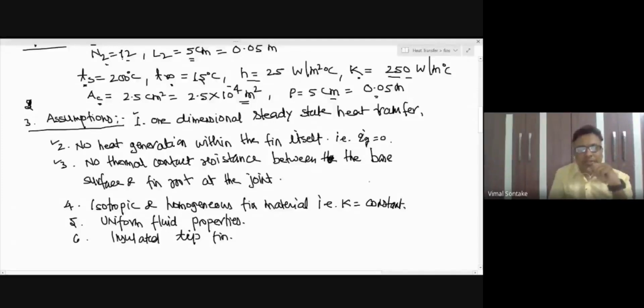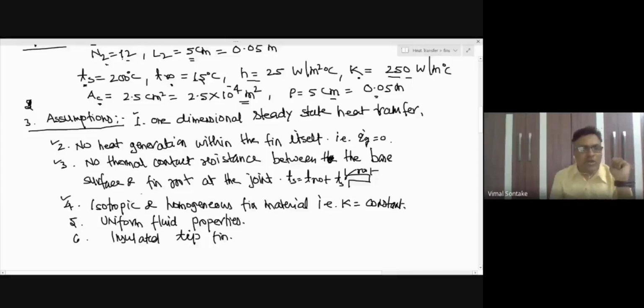That means this is called as a root and this is base surface temperature. So because of no thermal contact resistance between the base surface and root, temperature of the fin at the root will also be equal to Ts, that is 200 degrees Celsius.